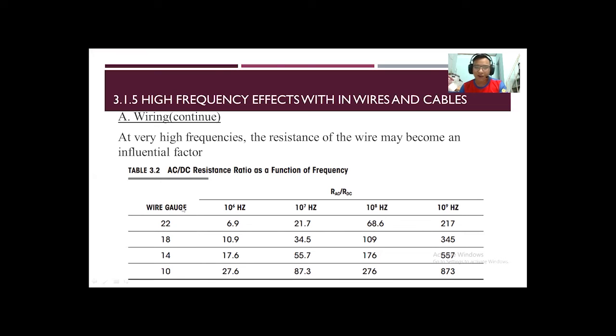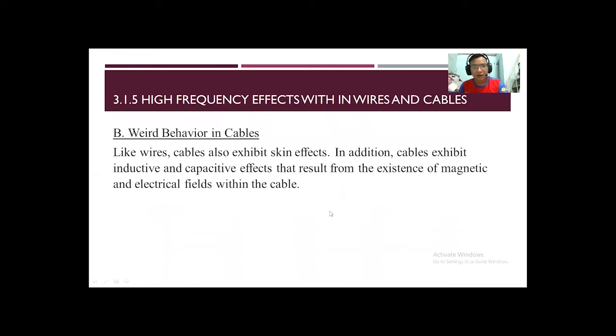For example, with y equals 22 the resistance here is 217, but with y equals 10 it increases to 873. That's also a big difference, right? Next, we come to the cables.